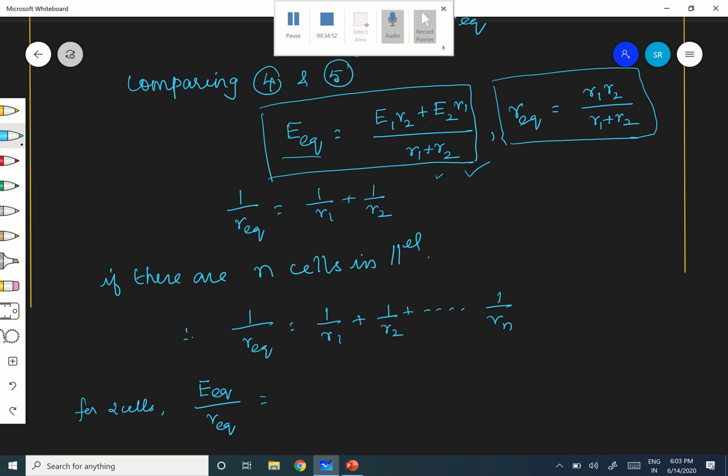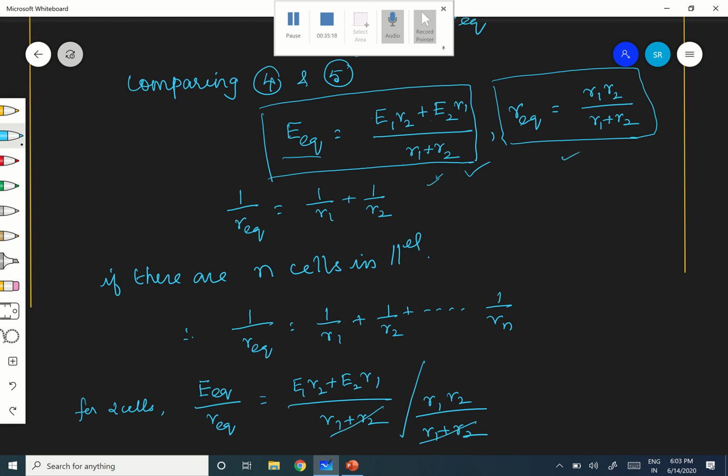That is why I am going for E equivalent divided by R equivalent only for 2 cells. It is E1 R2 plus E2 R1 divided by R1 plus R2, divided by R1 R2 divided by R1 plus R2, which is R equivalent.